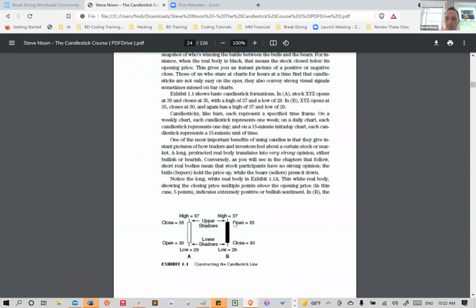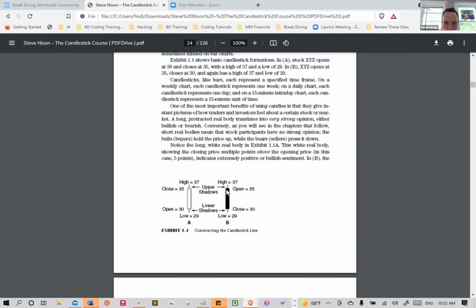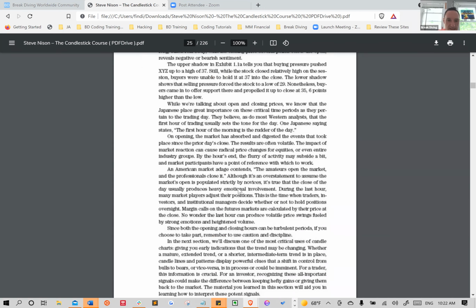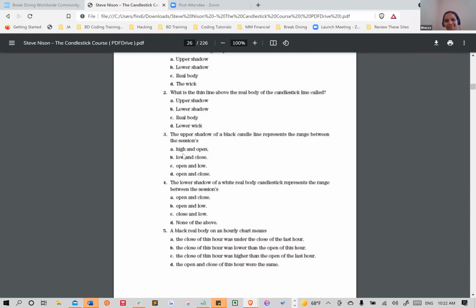The top part is the open, since it's going down. Just to be clear, open. That answer wasn't there at first, but yes, here it is: high and open.